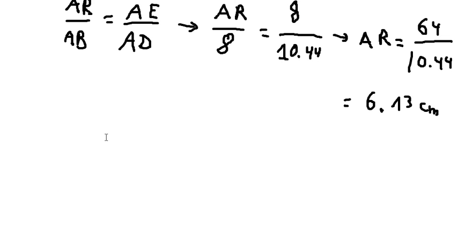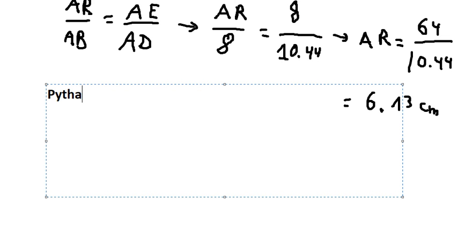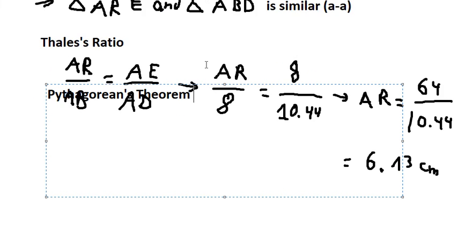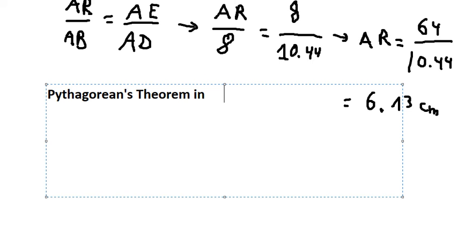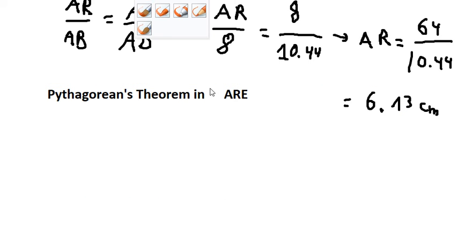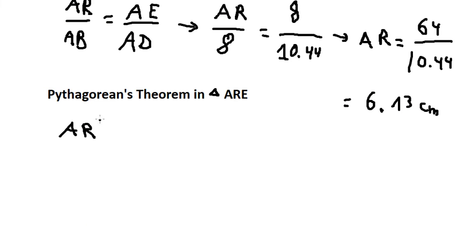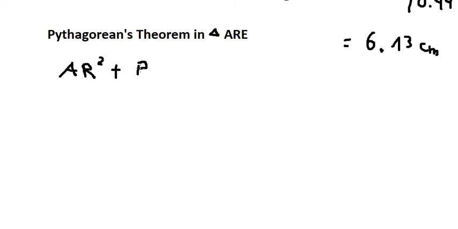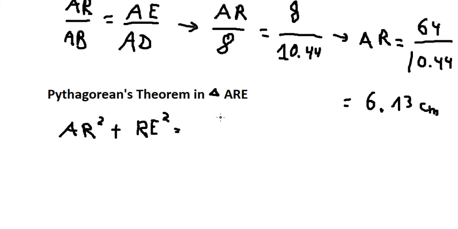So in this one, we can use the Pythagorean theorem in this triangle, ARE. So that should be AR to the power of 2 plus RE to the power of 2, and this one that is AE.